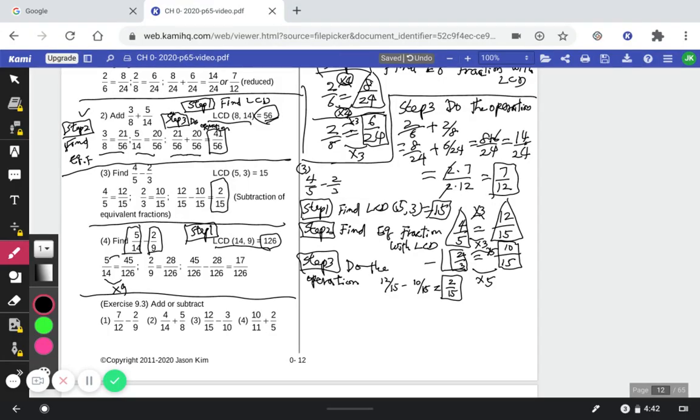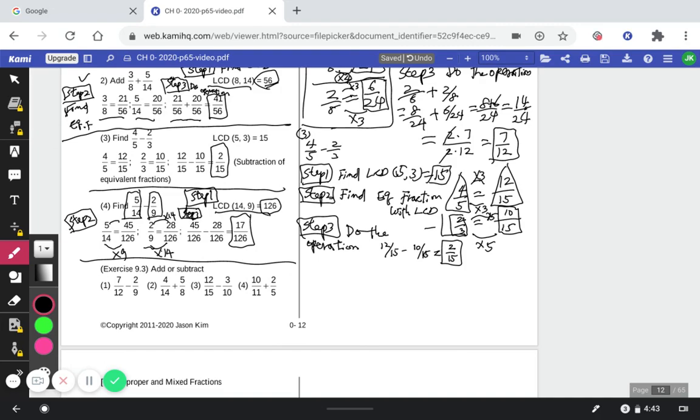So it becomes the equivalent fraction 45/126. And then 2/9, you multiply the bottom by 14. So if you multiply the top by 14, you get 28/126. So that was step 2. Now if you do step 3, you do the operation. 45 minus 28 is 17/126. Okay. So everybody follow this step.